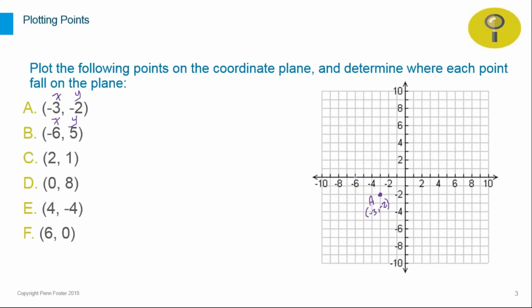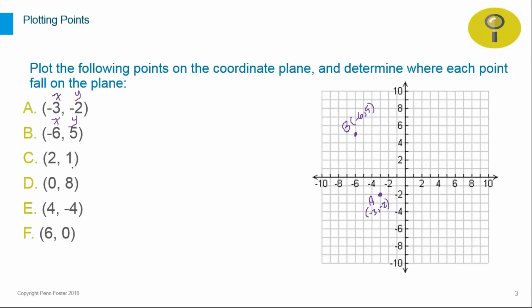This is not our point though, but that will lead us to where the point will be on the coordinate plane. Now 5 is a positive number for the y, meaning that you have to go 5 units up since it's a positive 5. 1, 2, 3, 4, and 5. And that will make us put that point here and label that this is B, which is (-6, 5).